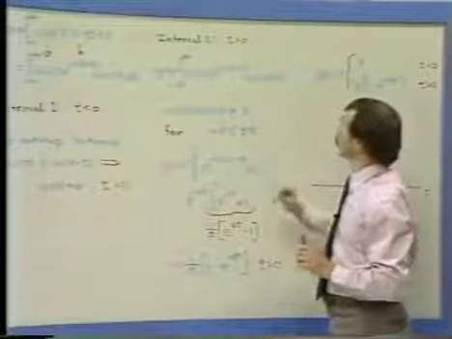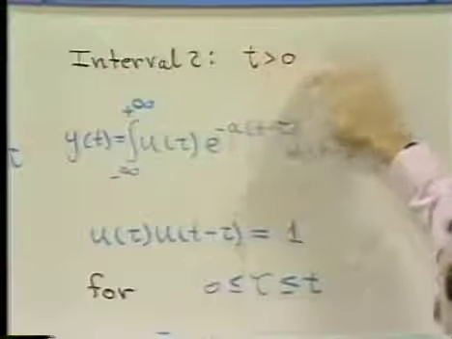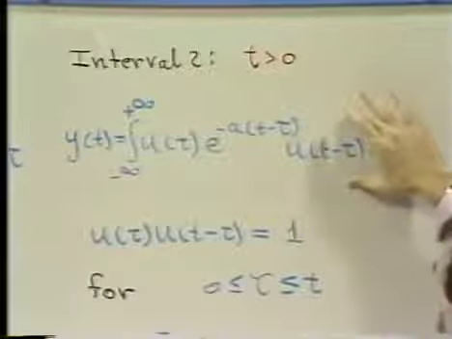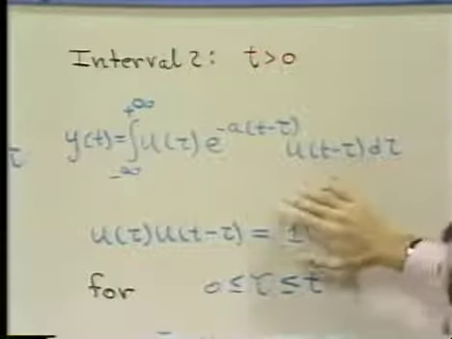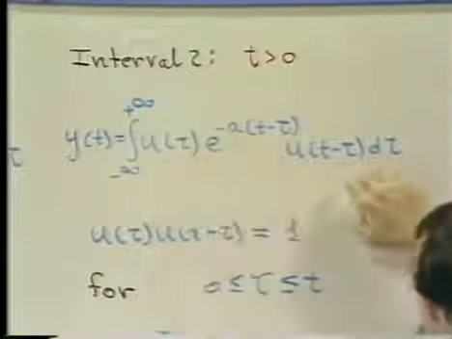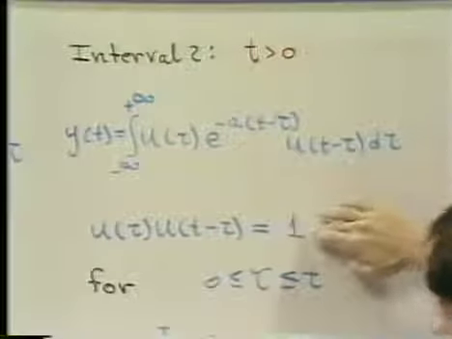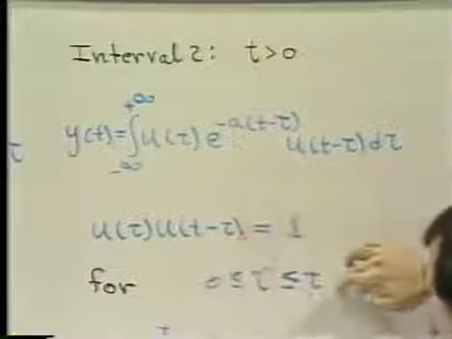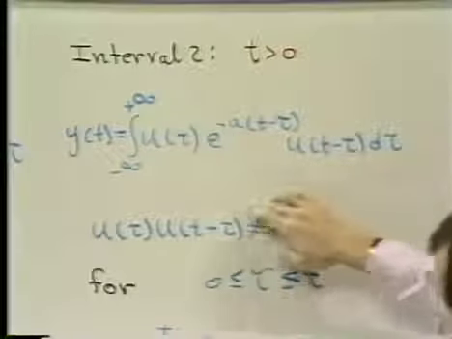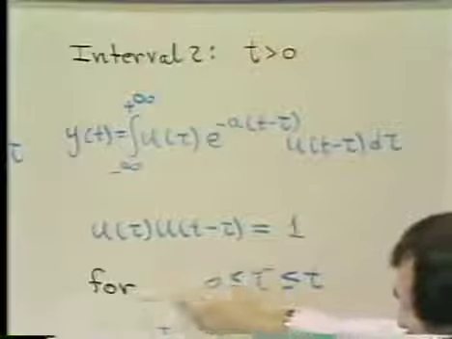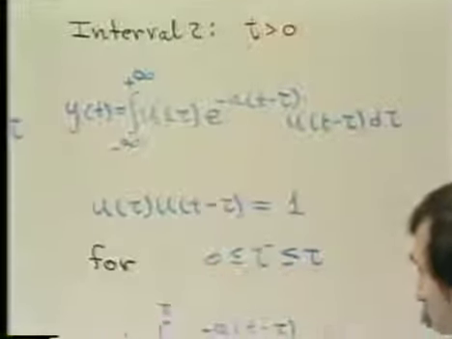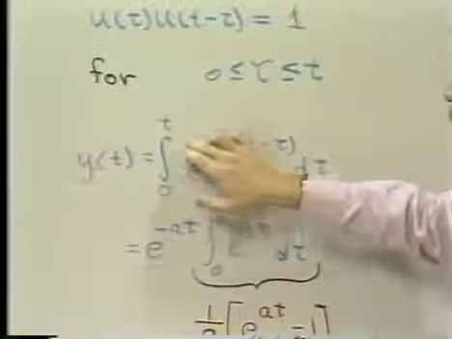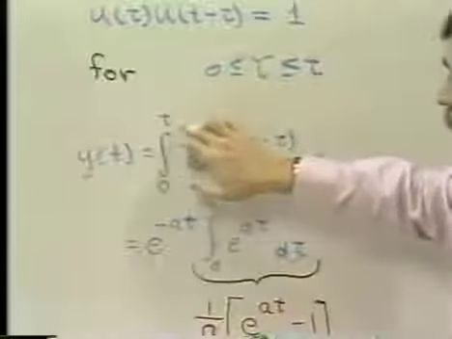So for interval 2, for t greater than 0, the product of this unit step and this unit step is equal to 1 in this range. And that allows us to change the limits on the integral. Instead of from minus infinity to plus infinity, we know that the integrand is non-zero only over this range.